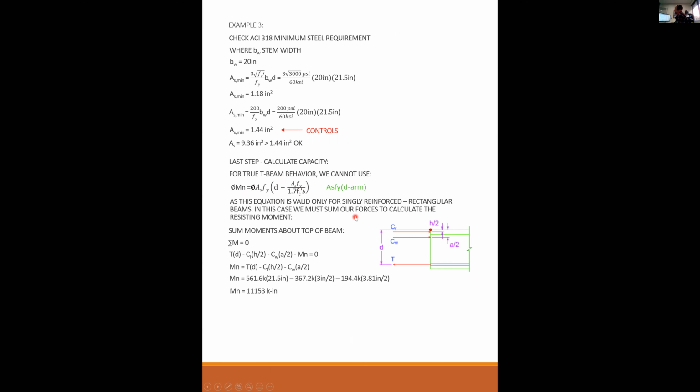However, I still don't recommend it because this formulation where we sum the moments from the top of the beam, that's going to be common practice for T-beams. It's also going to be common practice for doubly reinforced or compression steel beams. So you really should get comfortable doing this. This happens a lot.